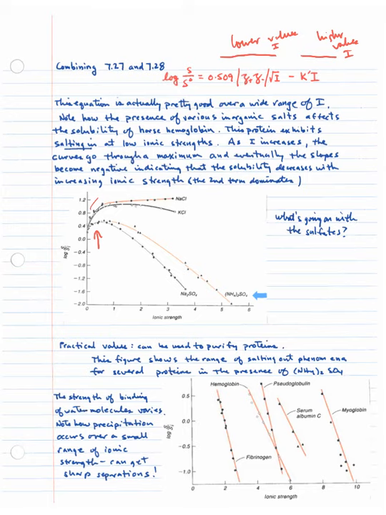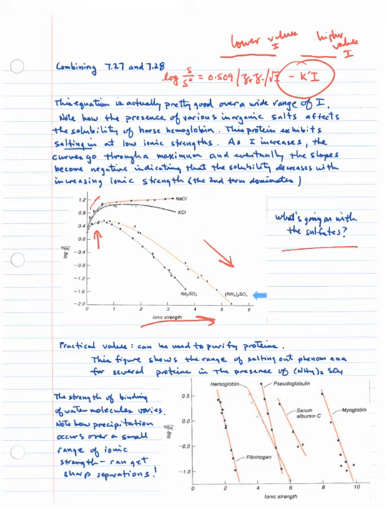Notice the upward slope at these ionic strengths. That's the salting in. But as the ionic strength increases, moving to the right, the curves go through a maximum and eventually the slopes become negative, indicating that the solubility decreases with increasing ionic strength. Basically, this second term is dominating for larger values of I.